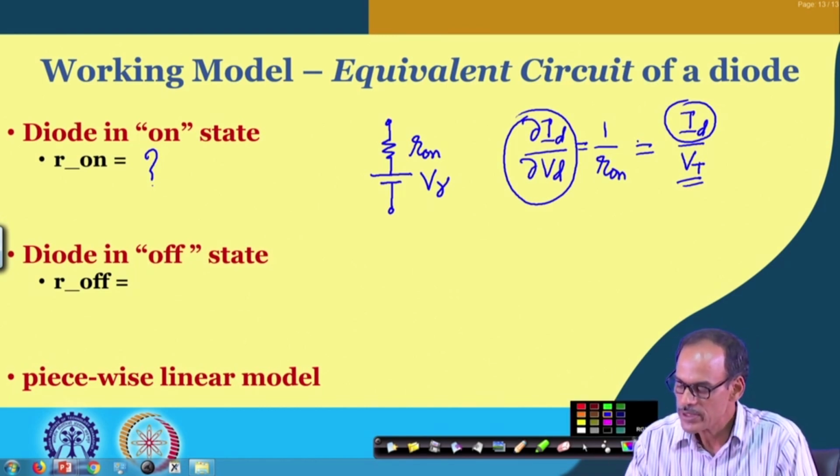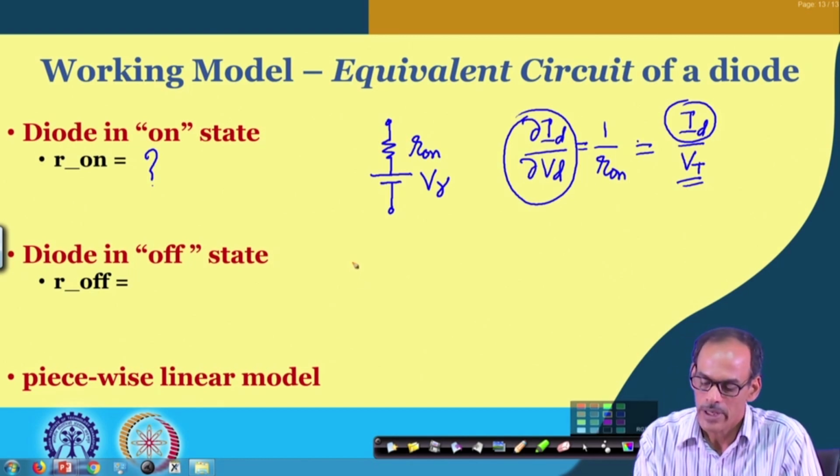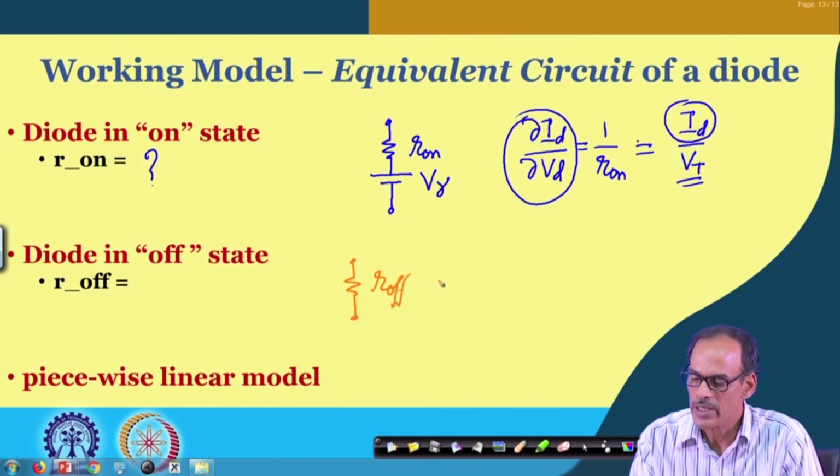On the other hand, if the diode is in off condition, as I said, it will be replaced simply by the off resistance, and the value of this resistance again can be obtained by considering the change in I d with respect to V d in the cutoff region.